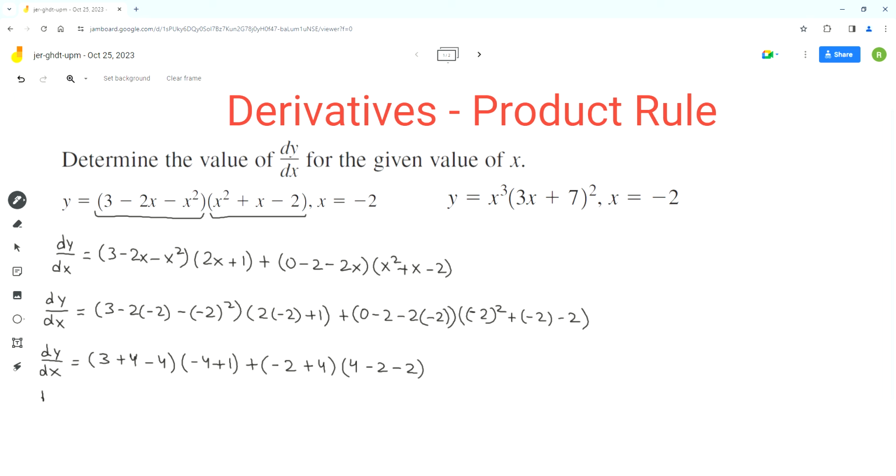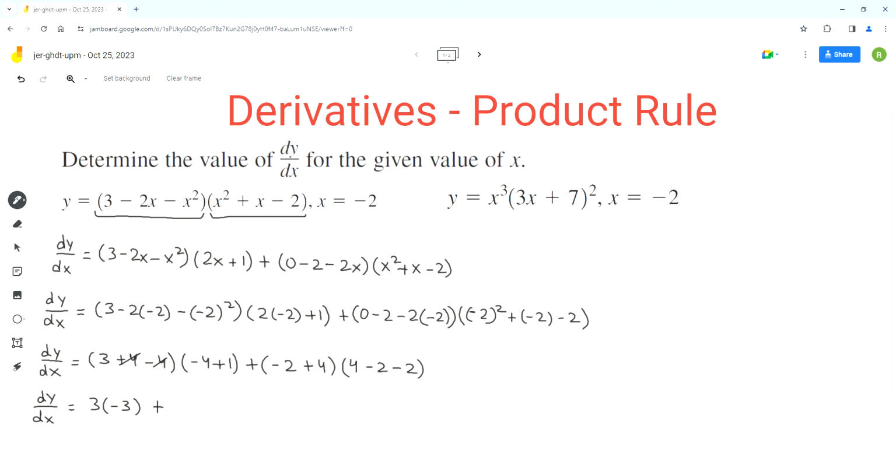Now we can simplify this expression further. So dy over dx, we can combine like terms in the parentheses. So 3 plus 4 is 7 and minus 4 is 3. So basically the plus 4 and the minus 4 cancel each other out. Times the negative 4 plus 1 is negative 3.